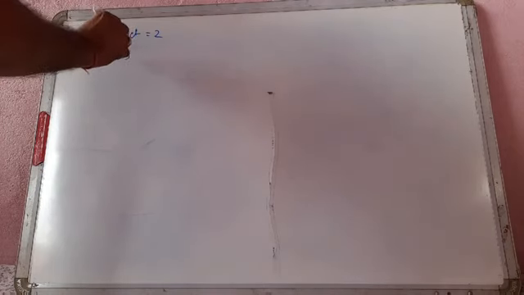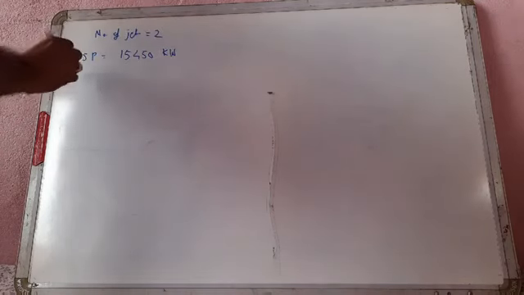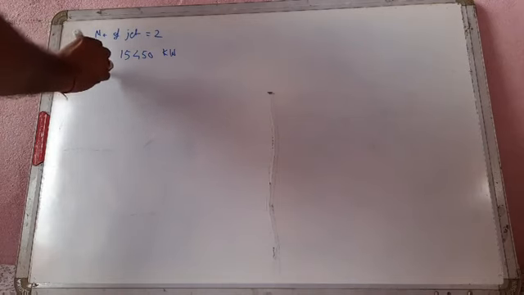Here the data given is number of jets equal to 2, shaft power equal to 15,450 kilowatt, diameter of each jet is given 200 mm, that is equal to 0.2 meter.